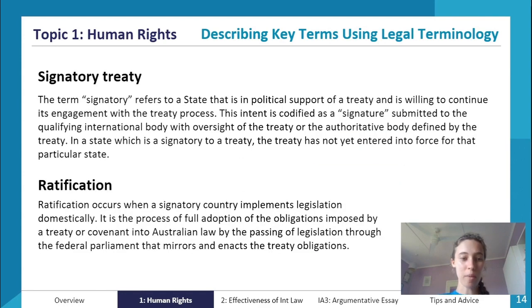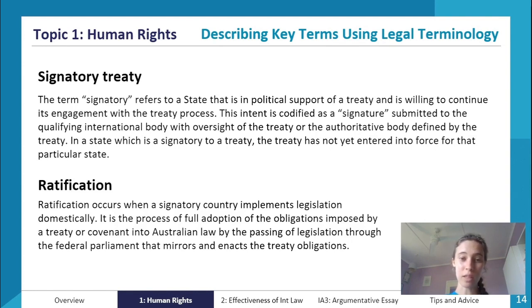As promised, we've got a bit more about ratification and signatories, and the difference between the two. A signatory is a state that is in political support of a treaty and is willing to continue that engagement with the treaty process. It's sort of an expression of interest.